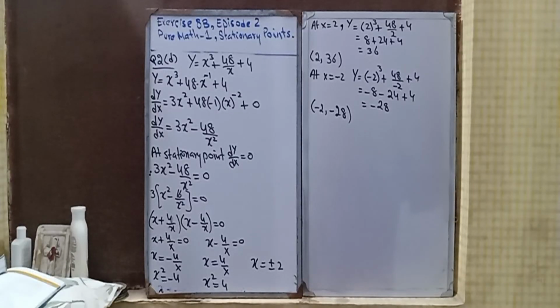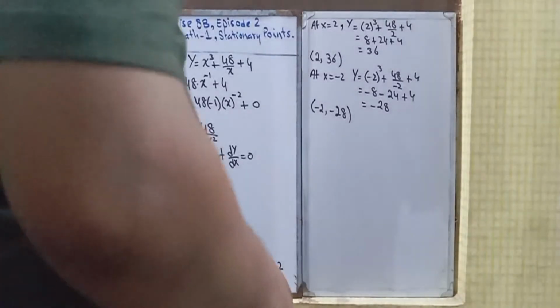Now I have to find out the nature, whether this stationary point is a maximum point or a minimum point. For that purpose, we have to find the second derivative. Okay, so we know the first derivative is here.